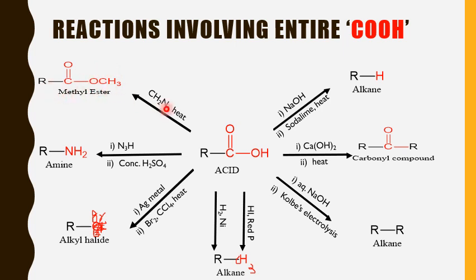Hence, this carboxylic acid, as you can see, can give you alkane, carbonyl compound and halide, amine, methyl ester and whatnot. We have also seen the acid halide formation, anhydride formation, amide formation, cyano formation. So many functional groups, almost all functional groups can be prepared using carboxylic acids.